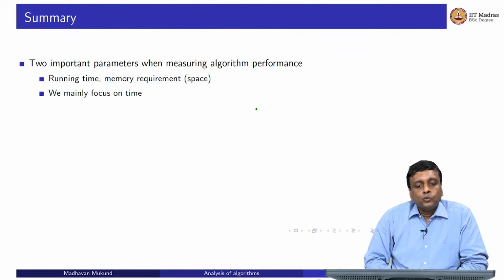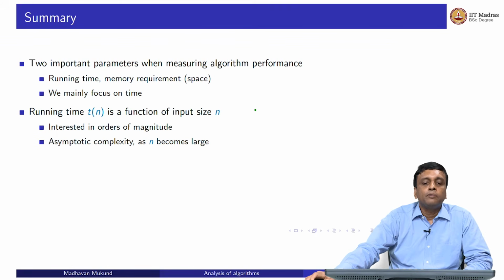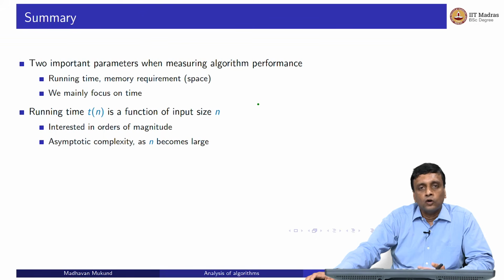So to summarize, there are 2 important parameters that we look at when we are thinking about the performance of an algorithm: running time and the space required, memory required. But we will mainly focus on the time because that's really more fundamental for us. So we said that the running time is not just an absolute value; it is a function of the input size, right? So we are interested in how long an algorithm takes on an input of size n.